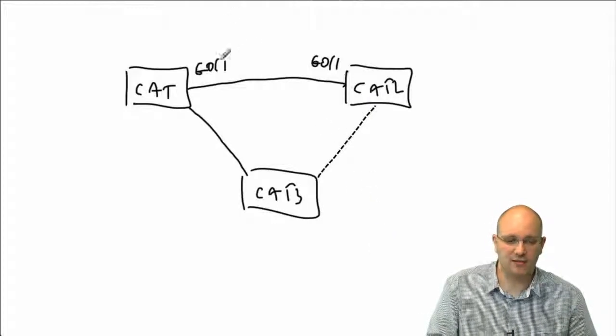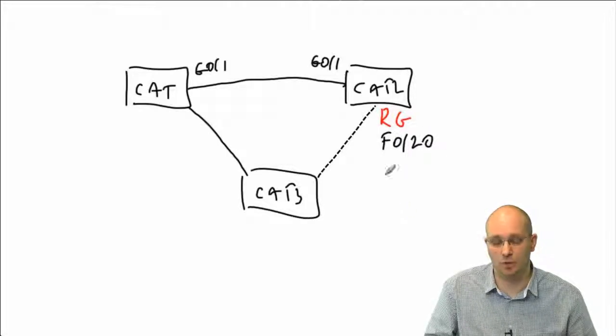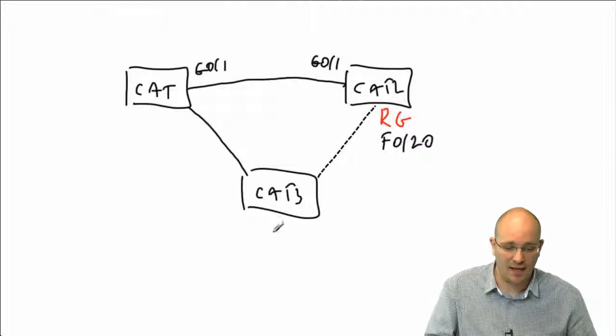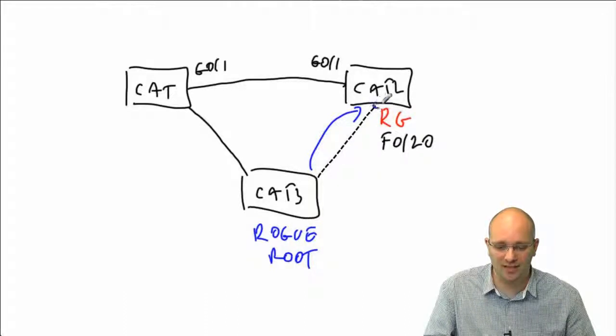The good candidate for the RootGuard is this interface here, the fast Ethernet 20 on Cat2. If I enable the RootGuard on this interface here, and if Cat3 claims to be the root, and I'm going to call it the rogue root, and it starts sending its own BPDU here, Cat2 will detect that this BPDU is claiming to be the superior one in comparison to the one coming from Cat1.